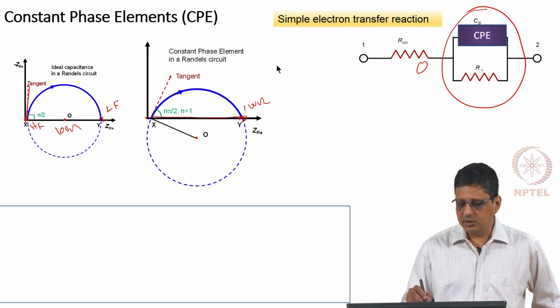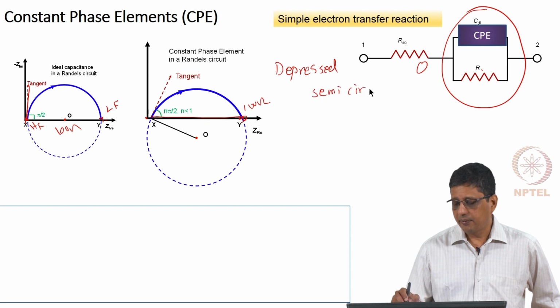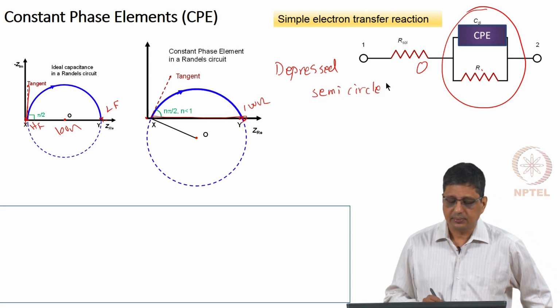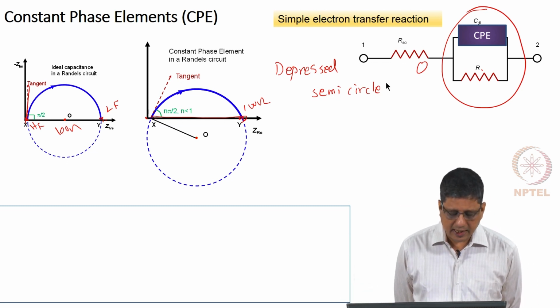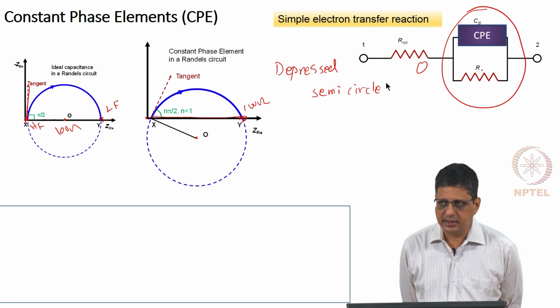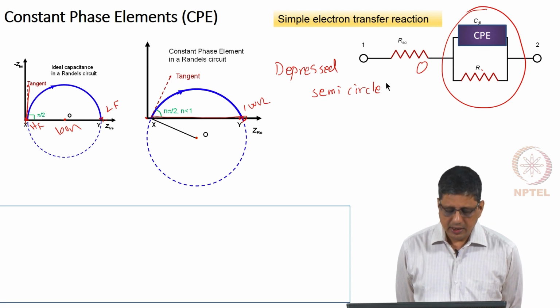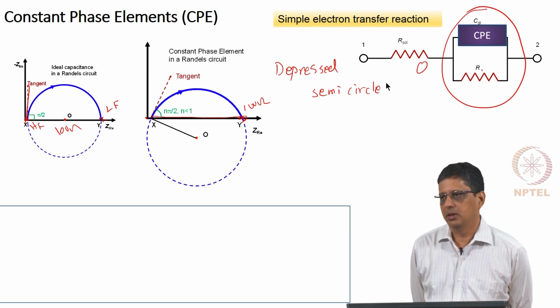And for this, if you look at the tangent, even if the solution resistance is 0, the tangent is going to be a little less than pi by 2.